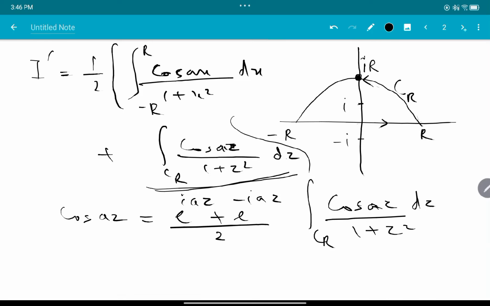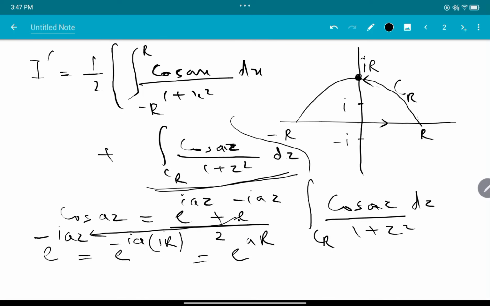If I take this part, e raised to minus i az, its value at this point, with z being iR, will be e raised to, now i into i is i square, that is minus 1, into minus, that is plus aR.